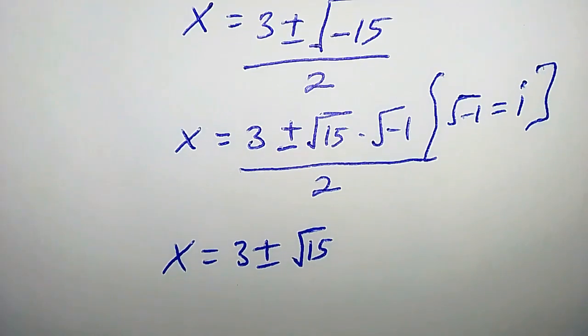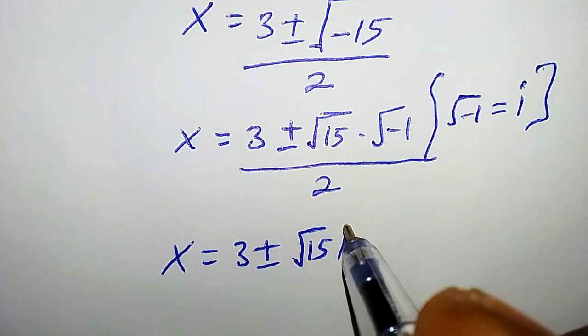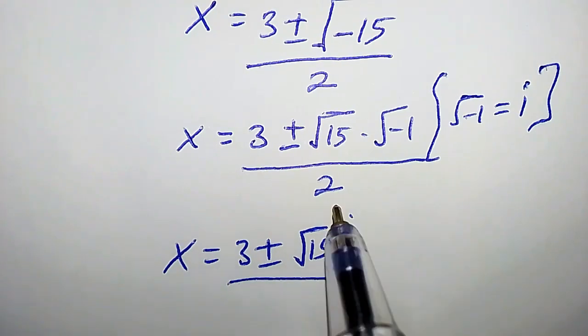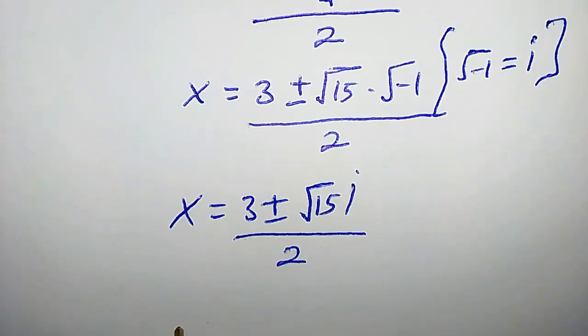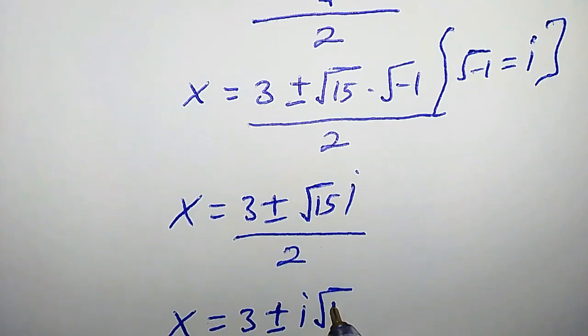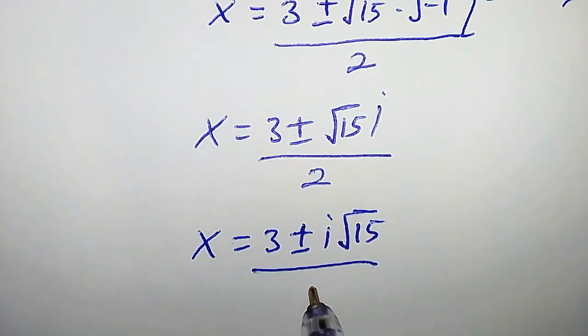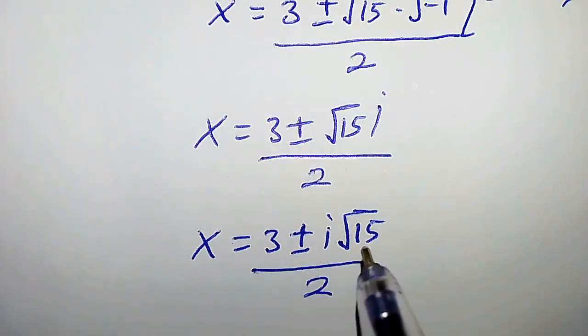So that means we have i here over 2. That is, x is equal to 3 plus or minus i times the square root of 15 divided by 2. This is another solution entirely, and it is a complex solution. The first solution that we obtained is a real solution.